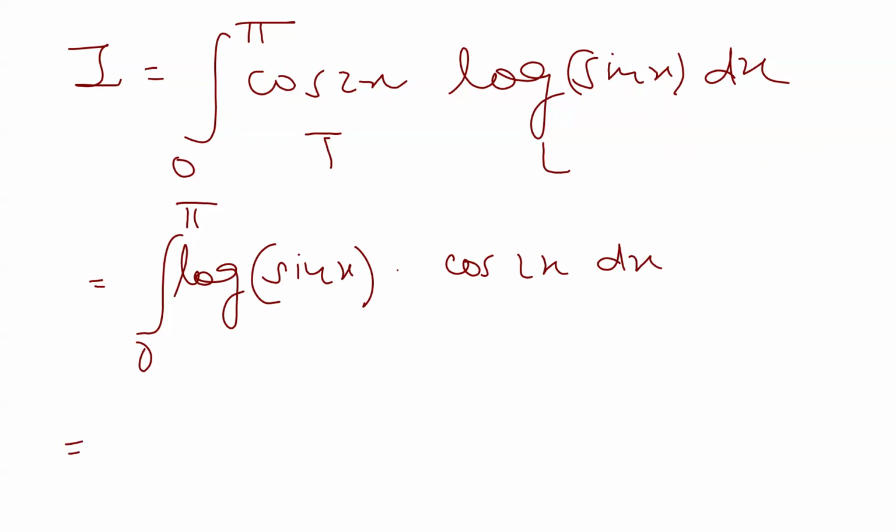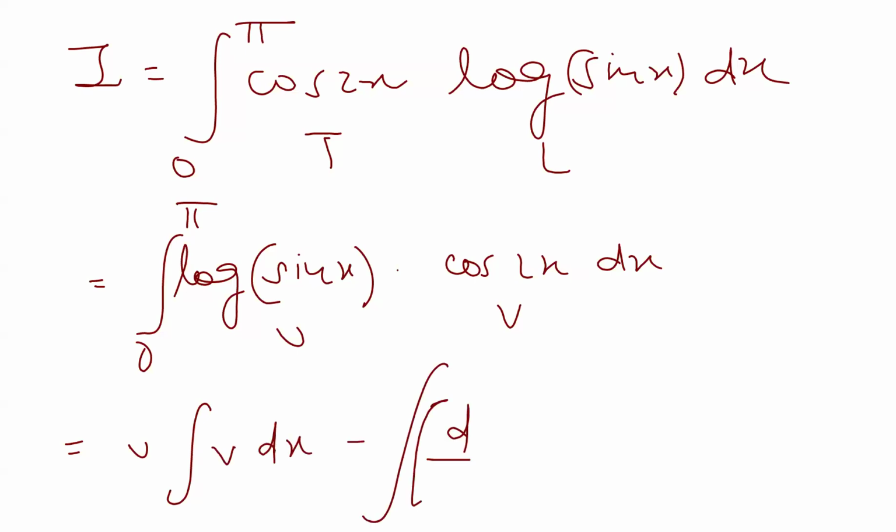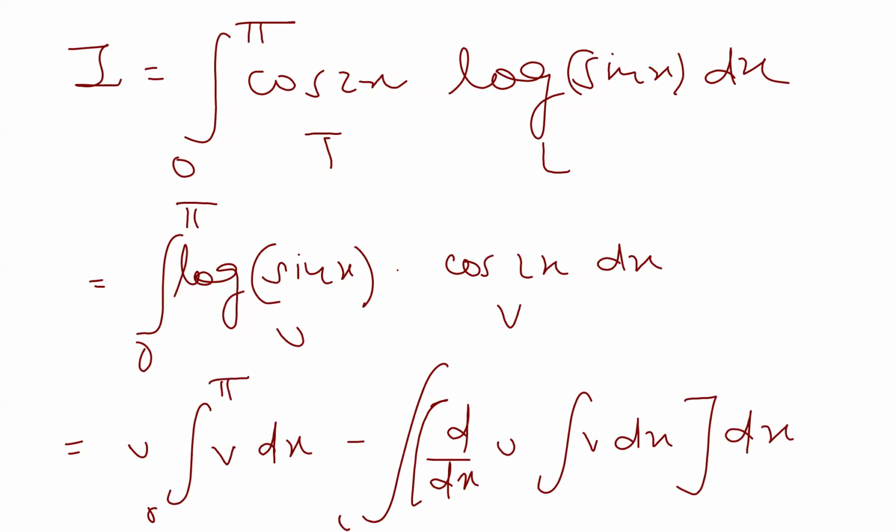So this will be 0 to pi. I'll just write down the formula. This is u and this is v. u integration v dx minus bigger integral, dy dx of u, smaller integral v dx, bracket close dx. The first and the second integral will always have the limits. The inside integral will not have the limits.